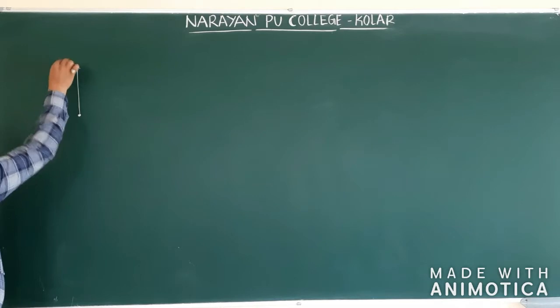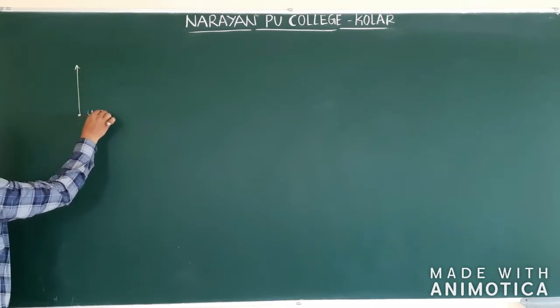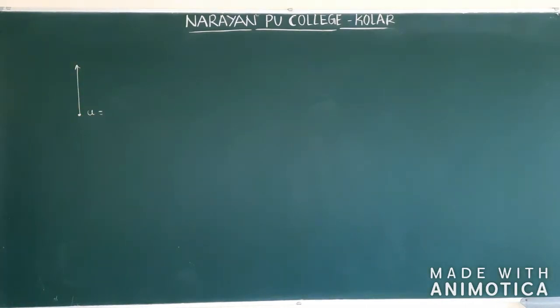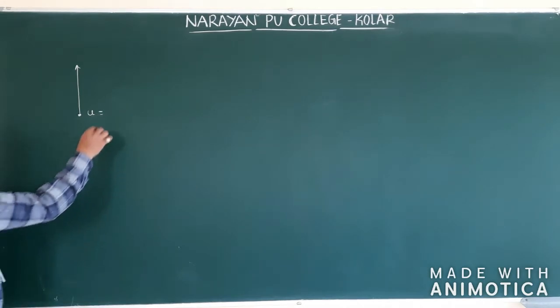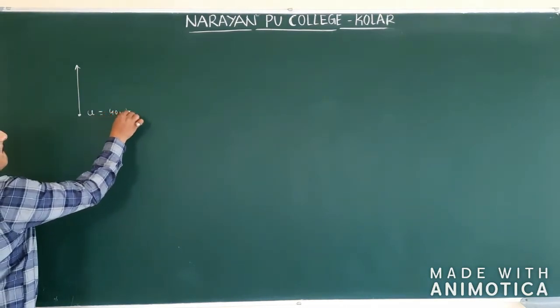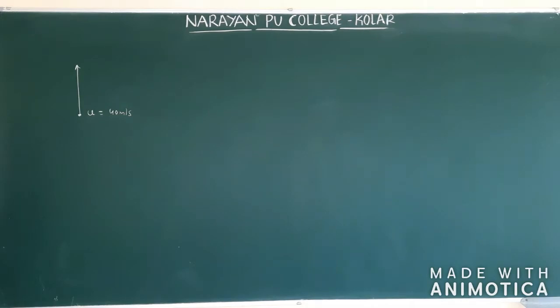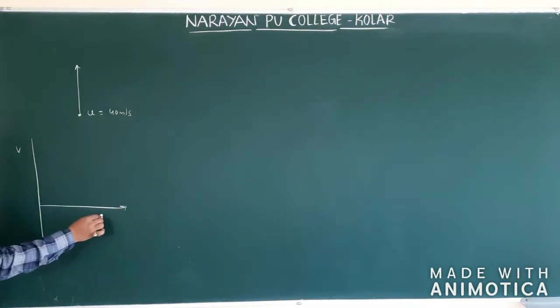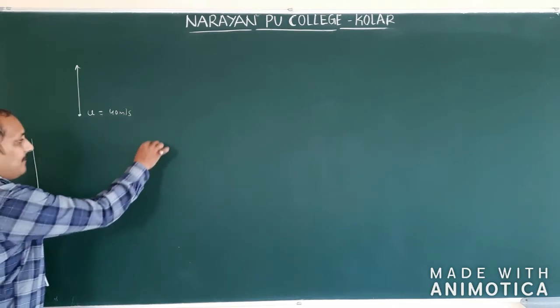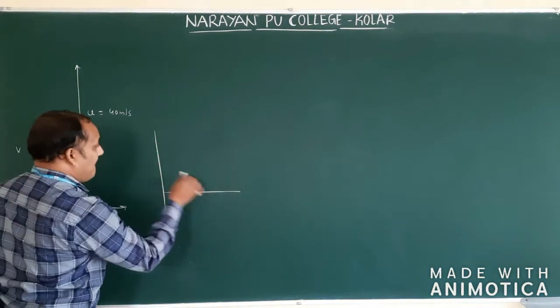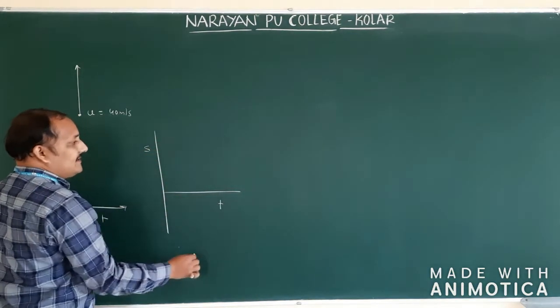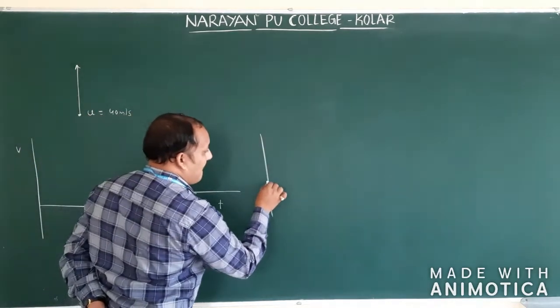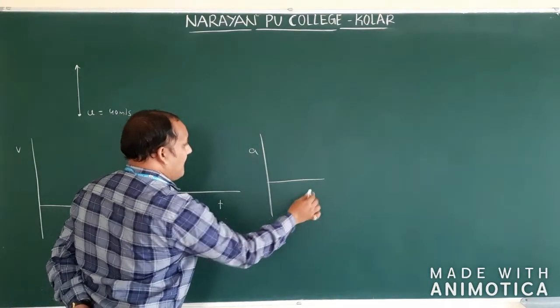Whenever an object is thrown vertically upwards with initial velocity u, what is u they give? 40 meter per second. So you have to draw Vt, St, At. Vt is velocity time, St, At.